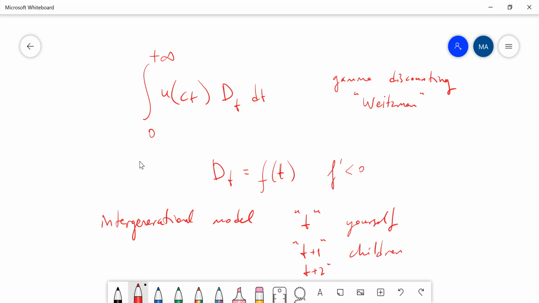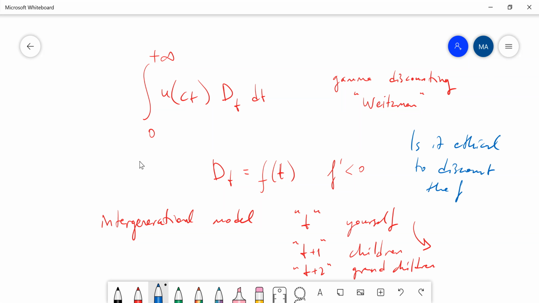At t plus 2, it is your grandchildren. Now you may ask, is it ethical to discount the future? These are interesting dimensions.